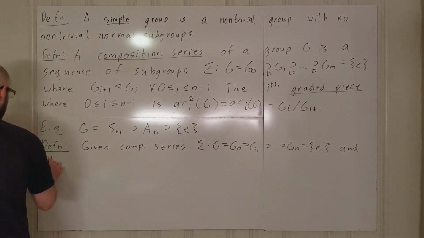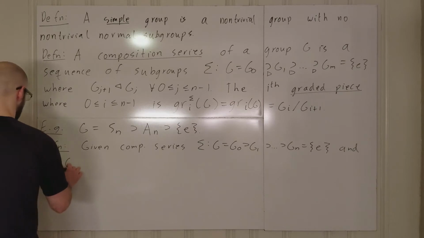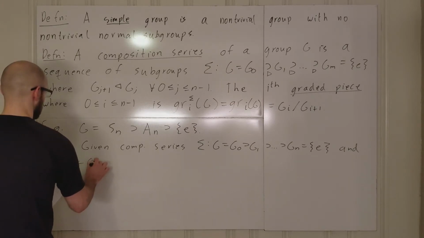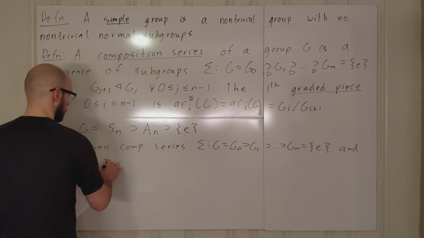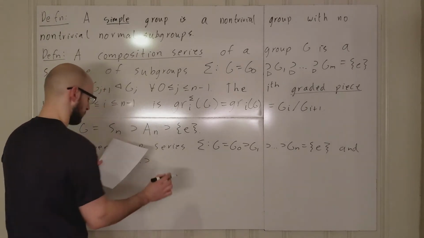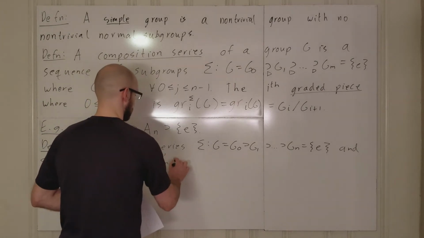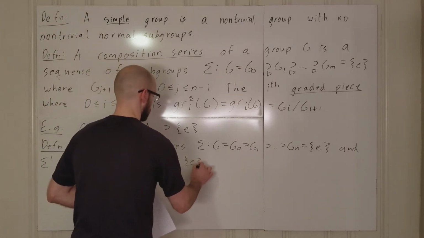And we'll say sigma prime, which will be G equals G naught prime, which contains G1 prime, all the way down to, let's say, Gm prime, which is the identity.